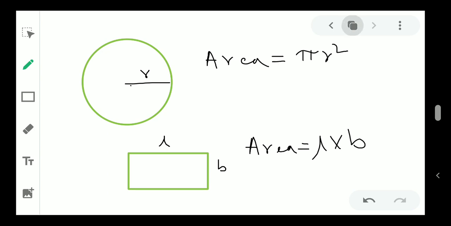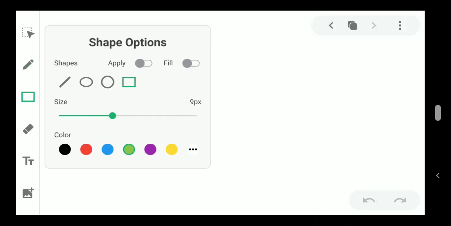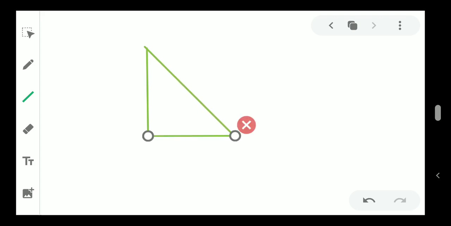One more thing, we know the area of a triangle. So we can draw a triangle, and we know only the area of a right angle triangle. So if this is our right angle triangle, what is a right angle triangle? Right angle triangle is a triangle with a right angle. So one angle has to be 90 degrees.